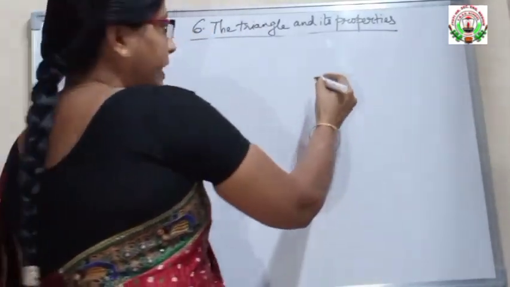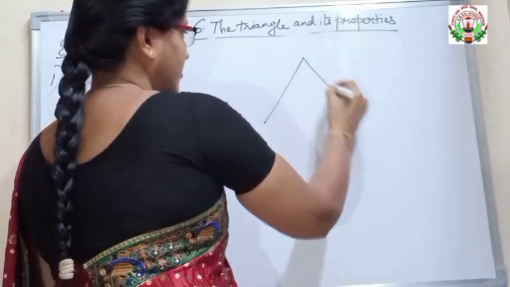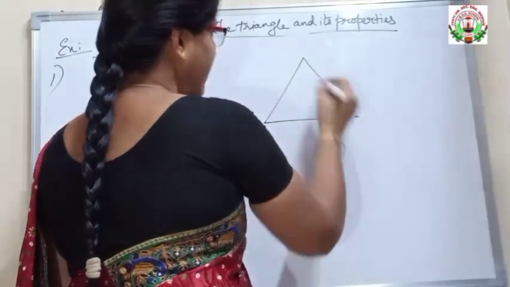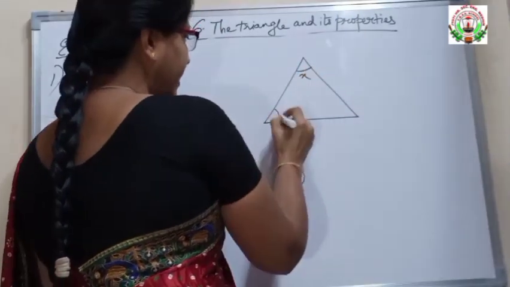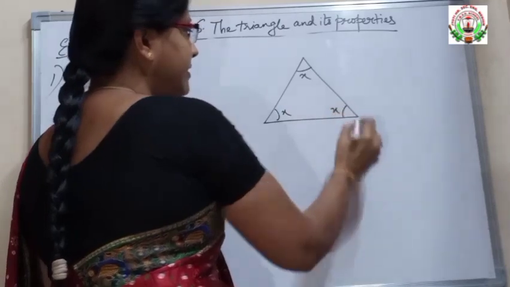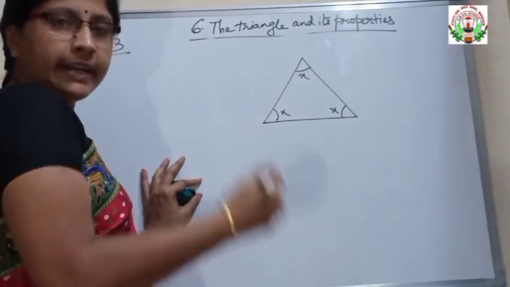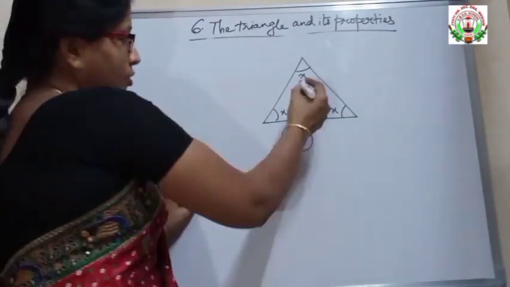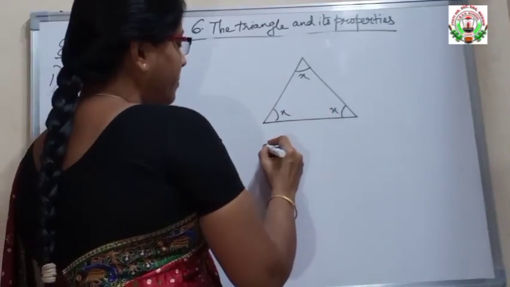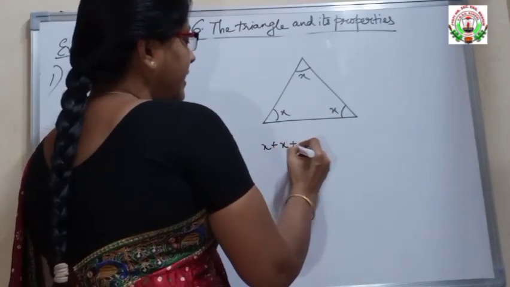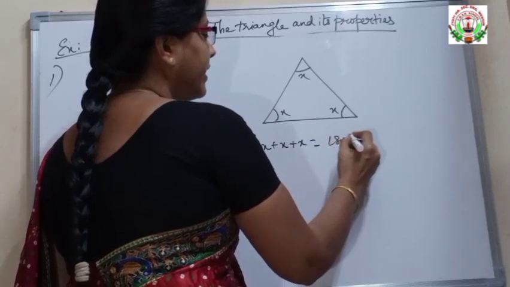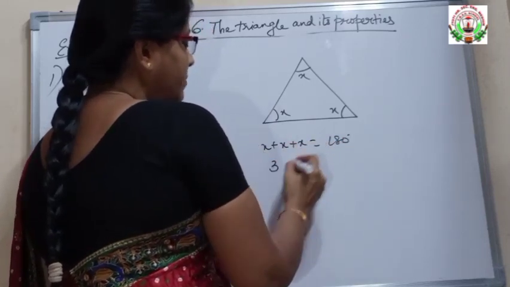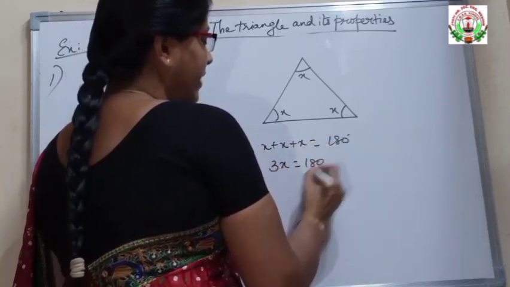Next one, it is given as an equilateral triangle. All the three angles are equal. Equilateral triangle it is. So here by using again angle sum property, x plus x plus x is 180 degrees. X plus x plus x is 3x is equal to 180.